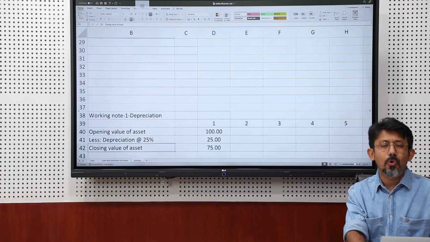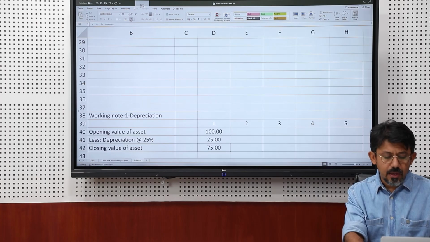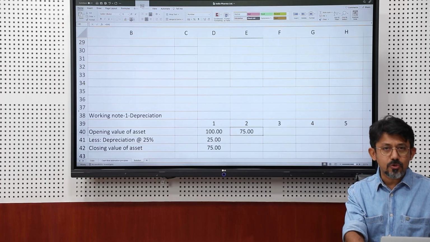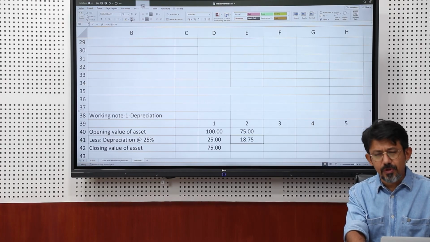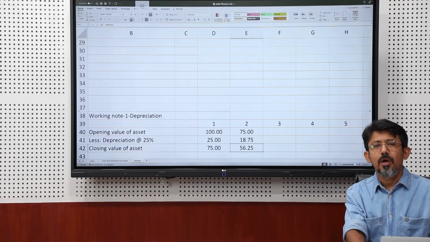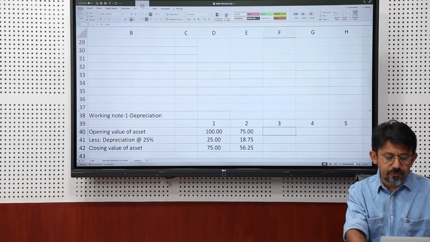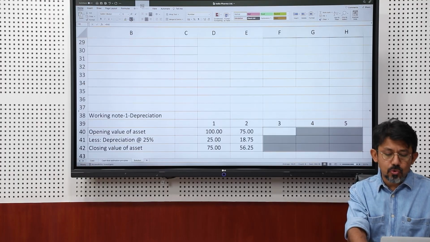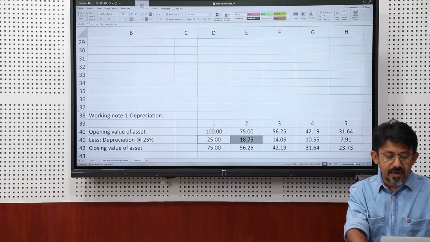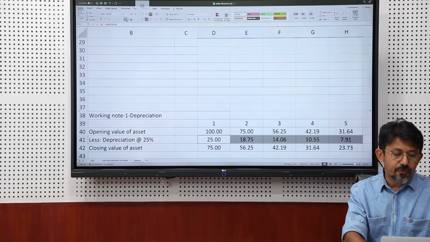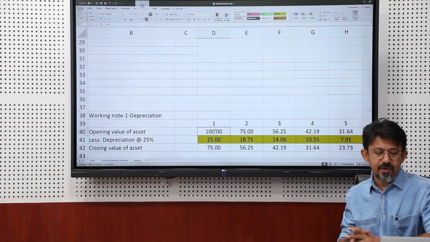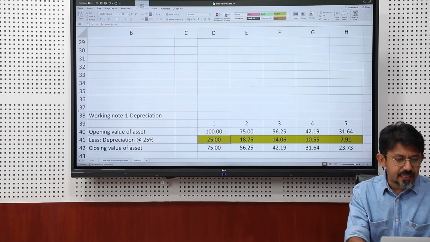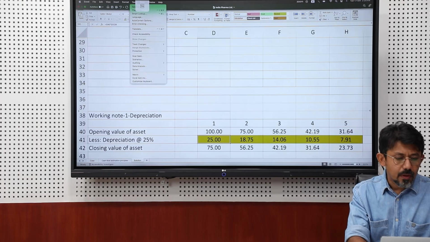So, the first year's closing value will be 75 million, which happens to be the second year's opening value. On 75 million, 25% depreciation will be 18.75 million, resulting into a WDV of 56.25, so on and so forth. So, my depreciation for a period of 5 years happens to be 25, 18.75 and so on. This is a cell that I link in my cash flow calculation up there.